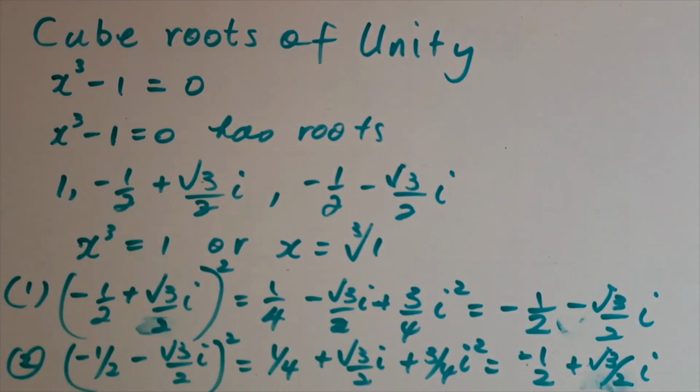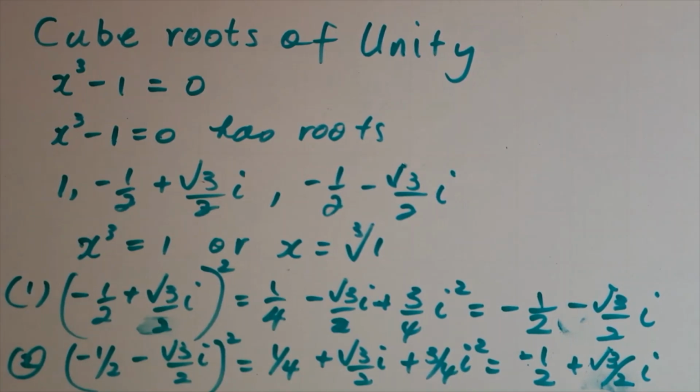So when we look at the complex root of unity, when we square it, it gives us the other root. So if we square one of them, it gives us the other root.